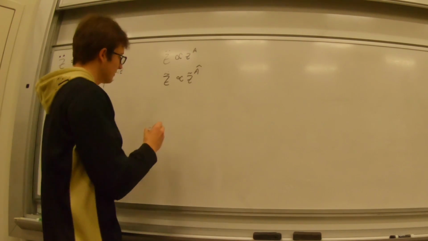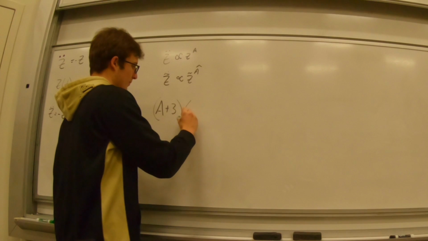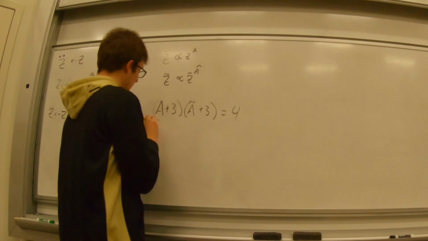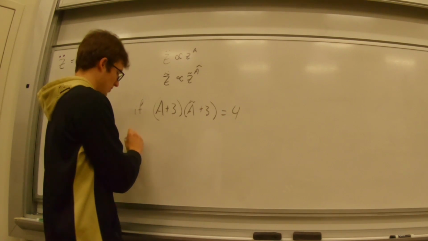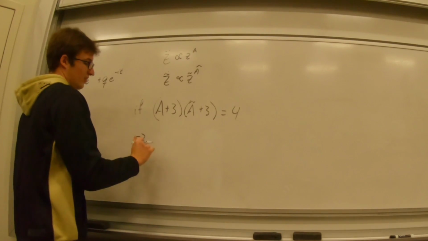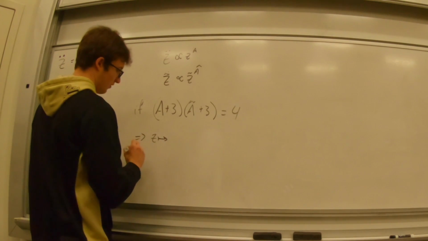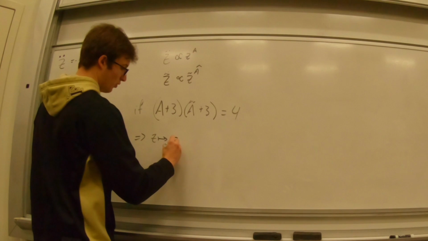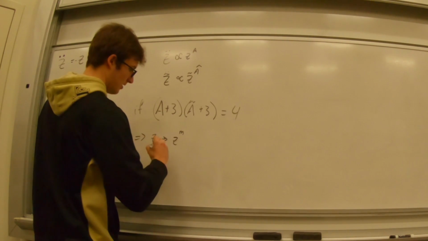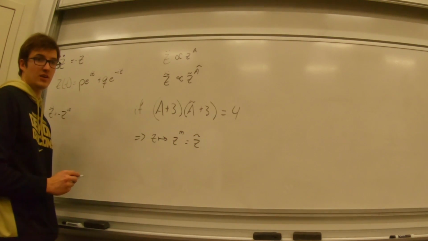It turns out that if a plus 3 times a tilde plus 3 equals 4, so if this is true, then we can immediately conclude that taking any solution z of the first equation, z to the m is a solution to the z tilde equation.